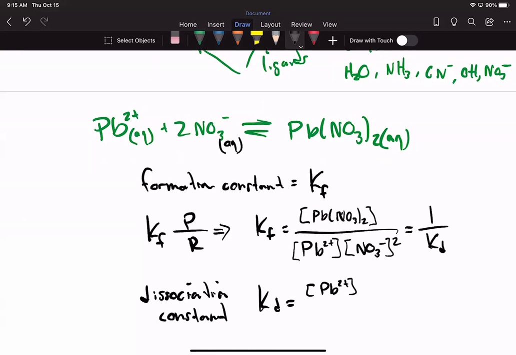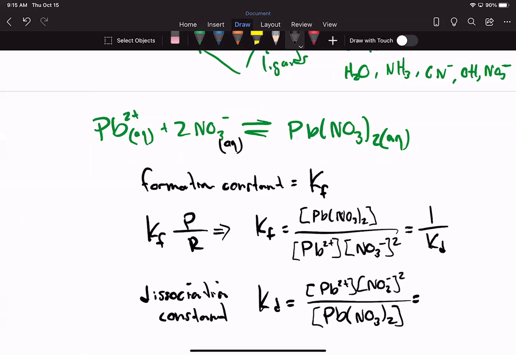That would mean that I would have my PbNO3 as my reactant, and my products would be Pb2 plus and 2NO3 if I'm dissociating this. All right, so there we have our Kf, or our formation constant, and Kd here.